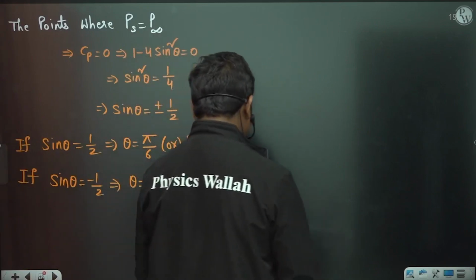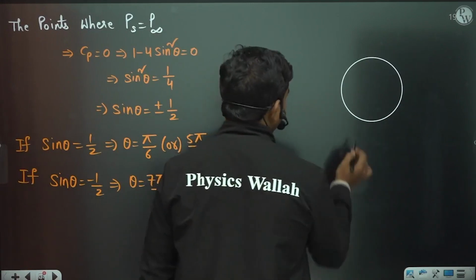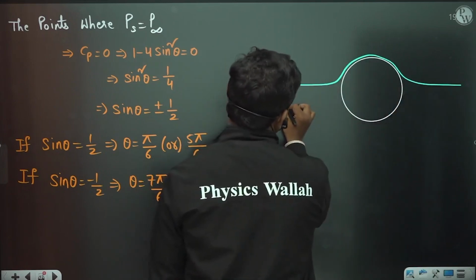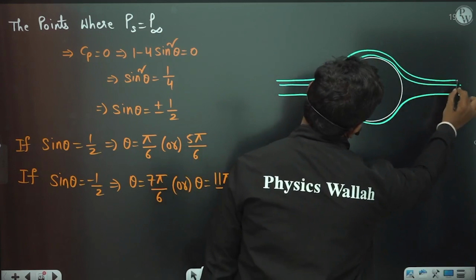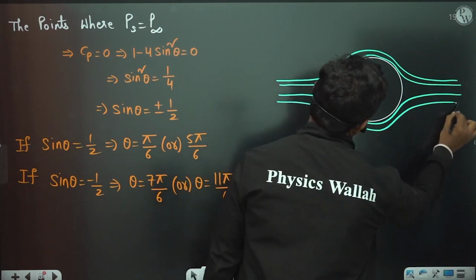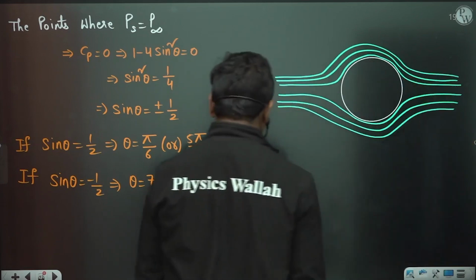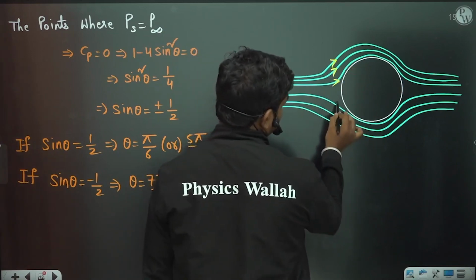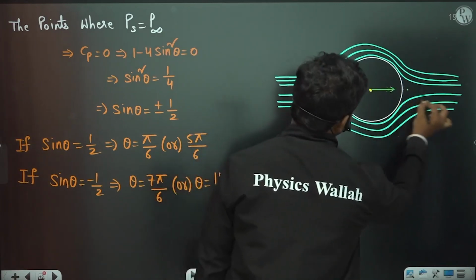So if you take this cylinder, for example, and if you take the flow like this, so this is for example the center, and let's suppose the reference is this theta equal to 0 line.